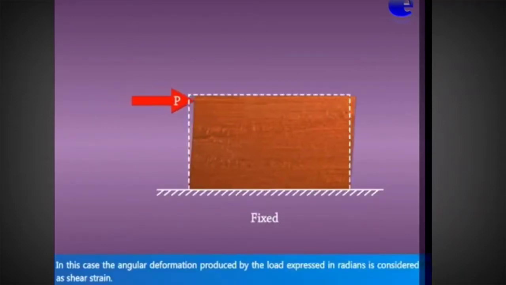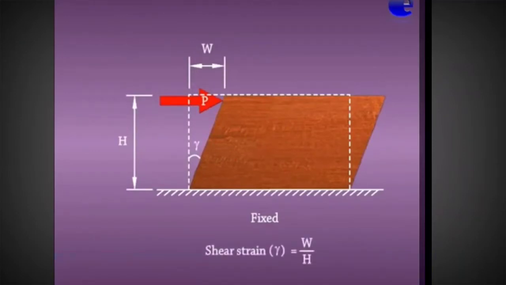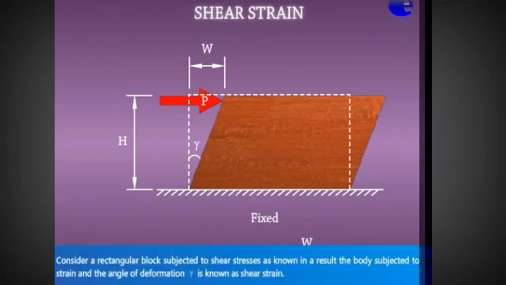In this case, the angular deformation produced by the load, expressed in radians, is considered as shear strain. Consider a rectangular block subjected to shear stresses. The body is subjected to strain and the angle of deformation gamma is known as shear strain.